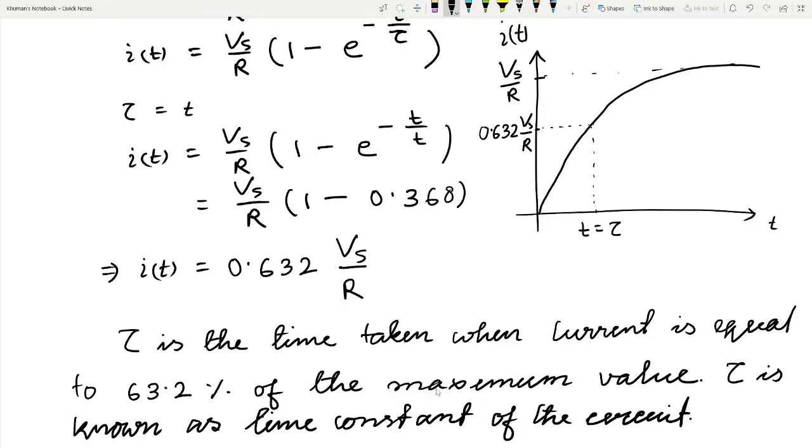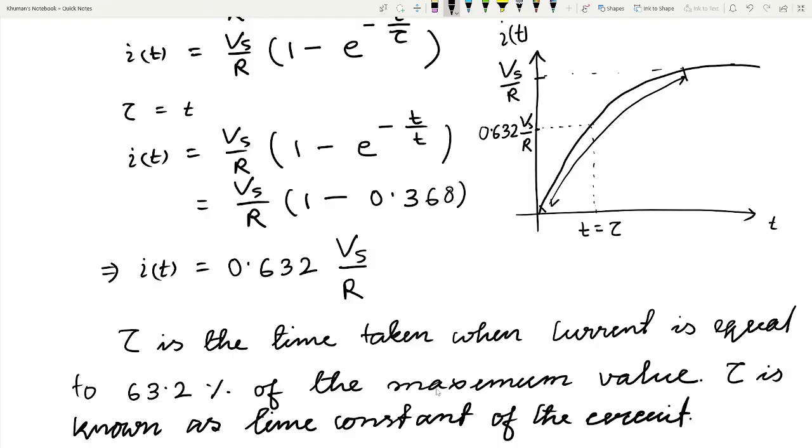Okay, so this portion is before reaching the maximum value. This portion is known as the transient response.